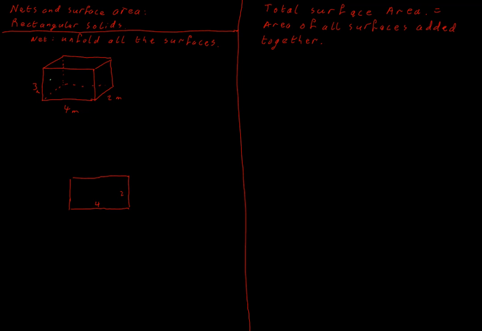Now, what would the front of my box look like? So I'm unfolding my shape now. What would the front of my box look like? Well, it looks like a rectangle with a width of 3 and a length of 4, and it would be sitting along here.